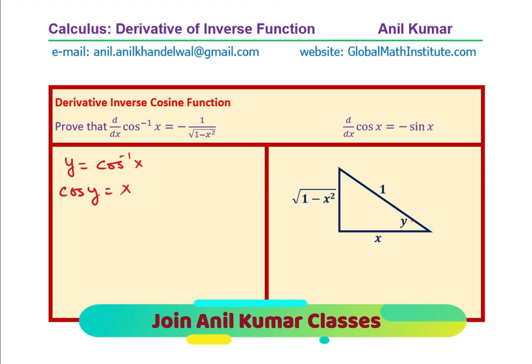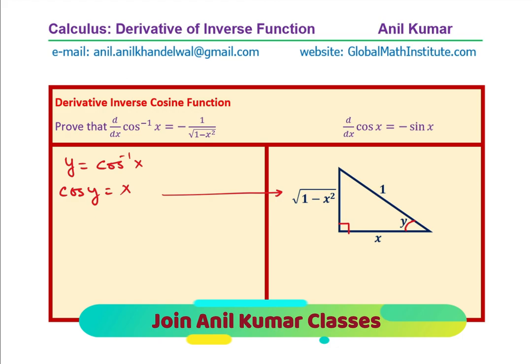So we have made this diagram now. Cos of y is equal to x. That means x becomes the adjacent side, hypotenuse being 1, and based on that, we get the opposite side as square root of 1 square minus x square. Is that correct? So that relates to this triangle. Right? So let me draw this arrow so that you understand. That is how we linked it.